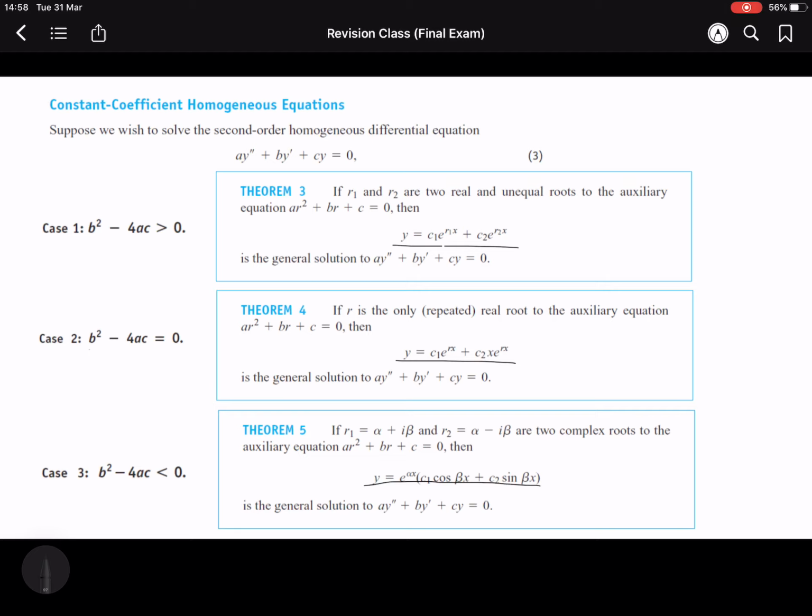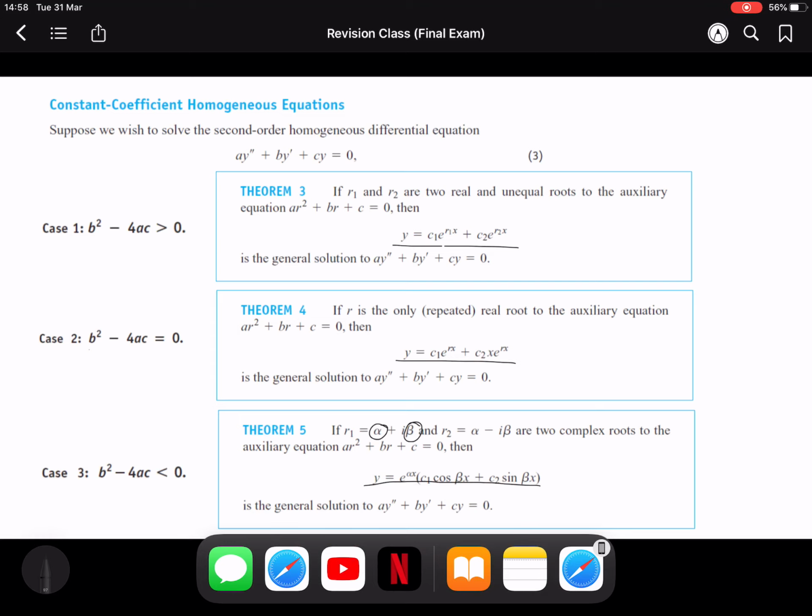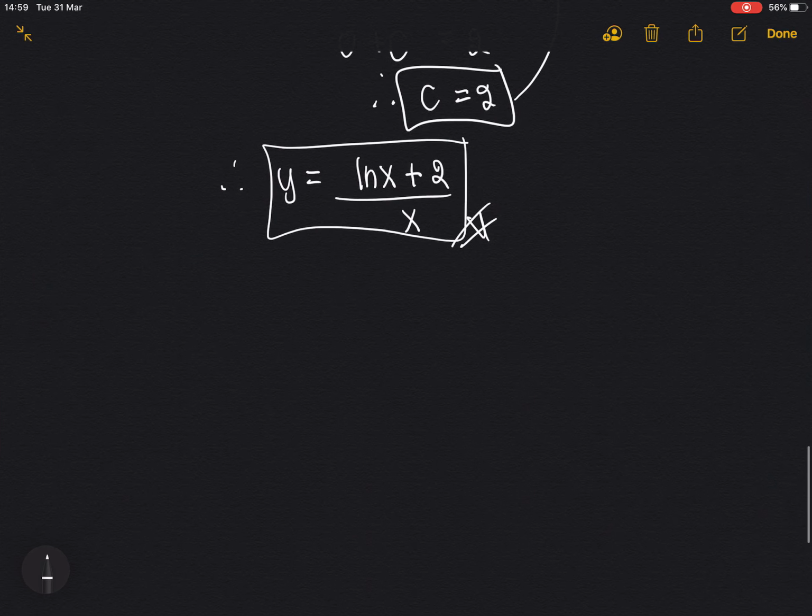So you have to be able to identify the value for alpha and the value for beta. Alright, so that is for the second order homogeneous differential equations. Okay, so we will go back to the example, and then you will have a clear picture of the second order ones, right?